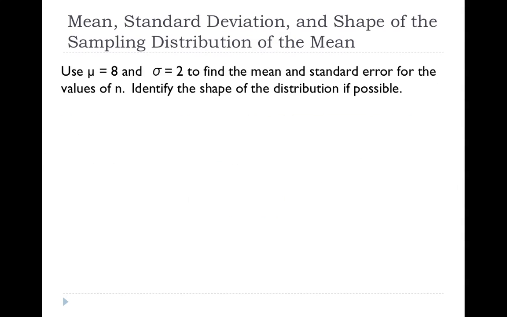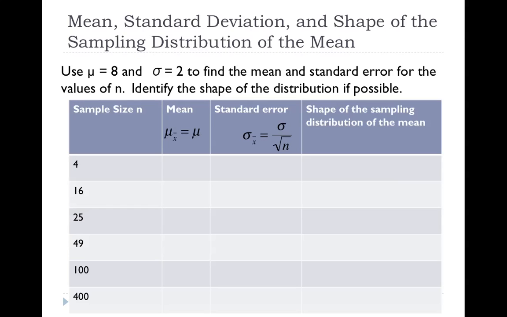Okay, so using a population mean of 8 and a standard deviation of 2, find the mean and standard error for the values of n, and then identify the shape of the distribution if it's possible. So we have samples of size 4, 16, 25, 49, 100, and 400.